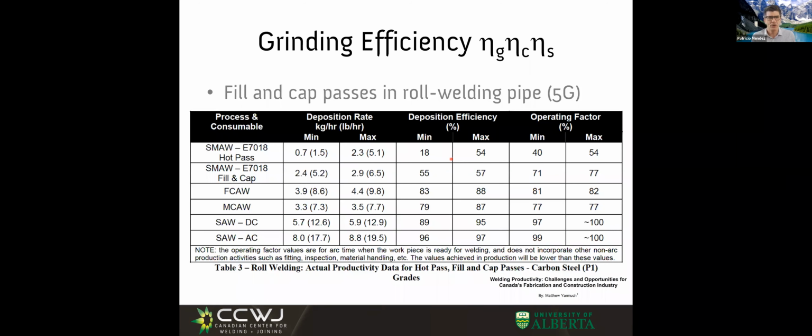When we talk about the fill and cap, here's the comparison between stick welding and flux core or subarc welding. And of course, the numbers don't possibly compare because flux core, metal core, subarc welding are all wire-based processes in which you don't need to stop and change your electrode or come in and do touch up with the grind, right?